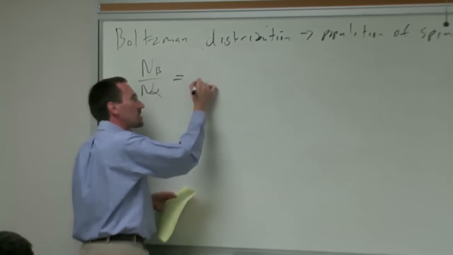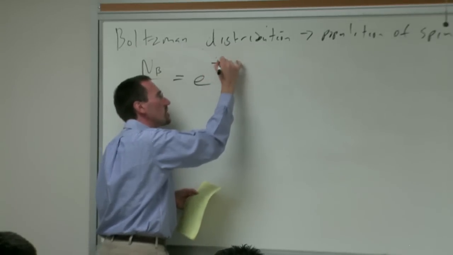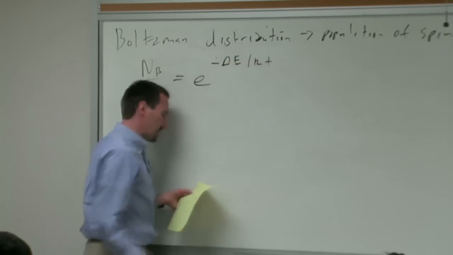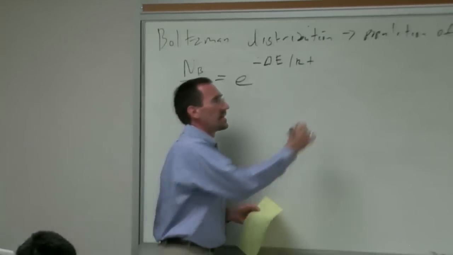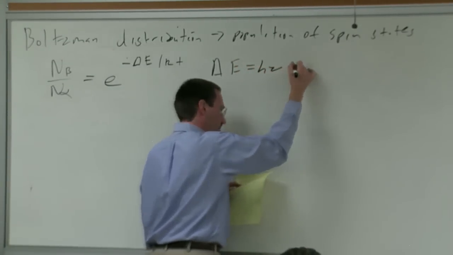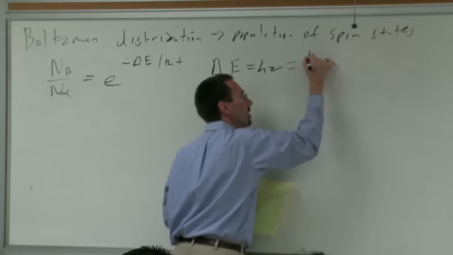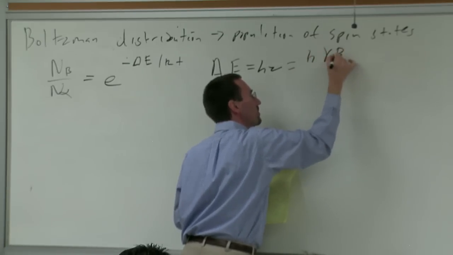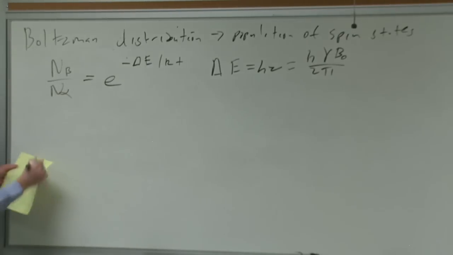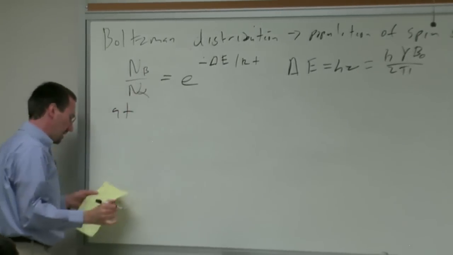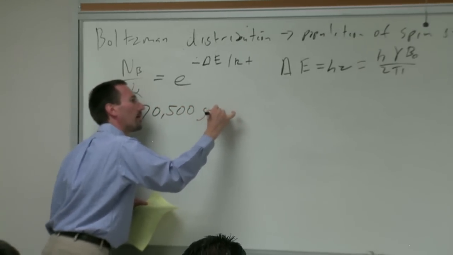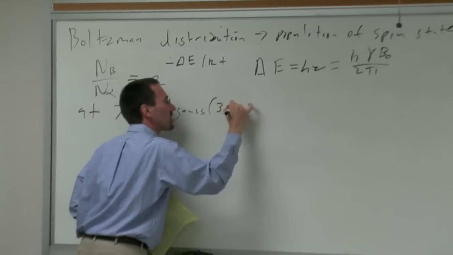And if you think back to your P-Chem and you calculate the number in the beta state versus the alpha state, that's going to correspond to the difference in energy, delta E over kT, where k is the Boltzmann constant. And then if we just remember that delta E equals h nu is equal to h times gamma times B naught over 2 pi. And then we say, OK, let's just take 70,500 Gauss. That's our 300 megahertz.